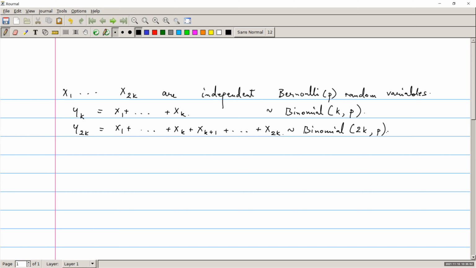Now the question we were asking last class is: can we estimate Y2k from Yk? There are two questions here. One is where we know the parameter p, and the more realistic scenario where we do not know p.